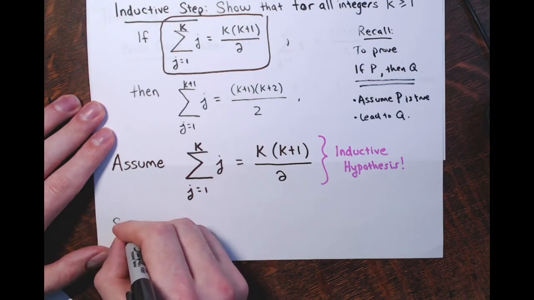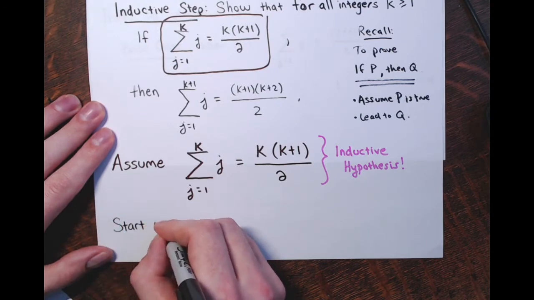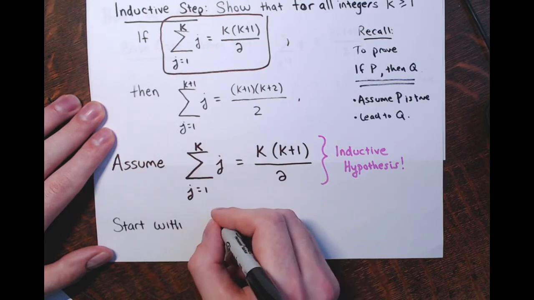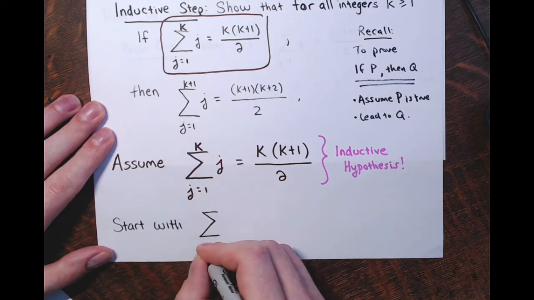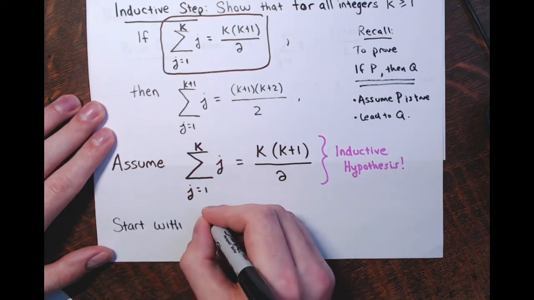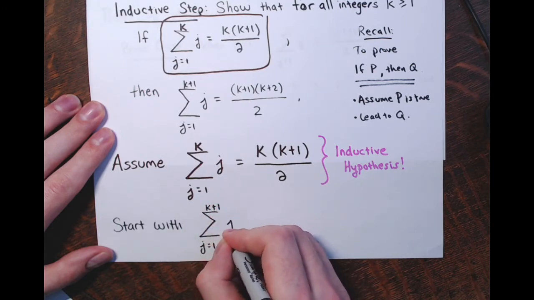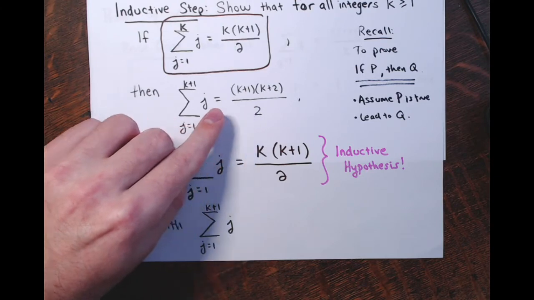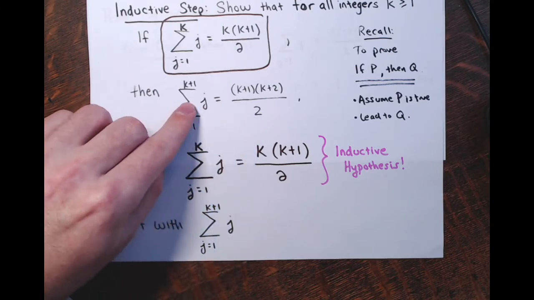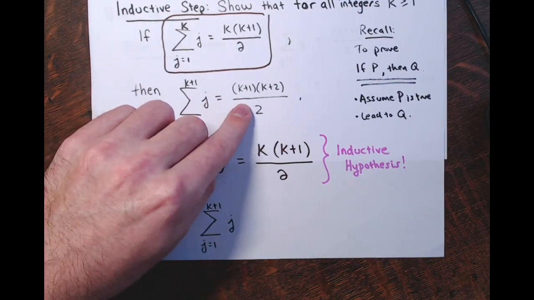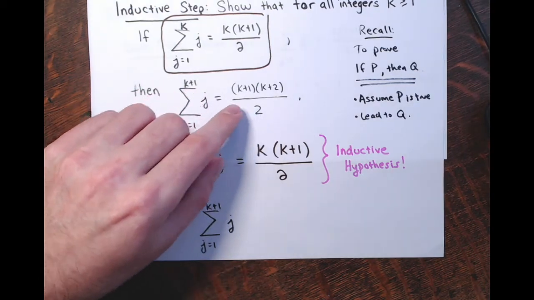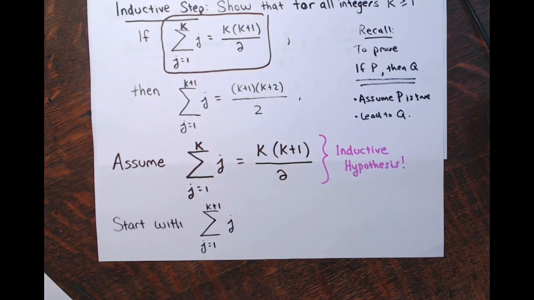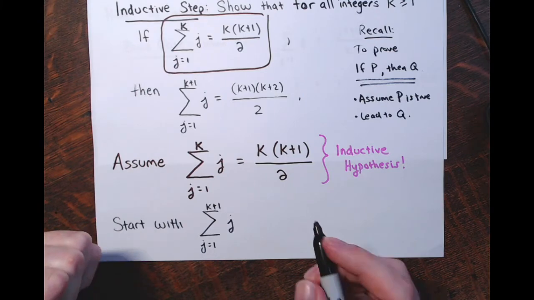So I'm going to start with that left side, the sum from j equals 1 to k plus 1 of the j's. Again, don't say that it's equal to this. I don't know that yet. We're going to show that this sum is equal to k plus 1 times k plus 2 over 2. And that'll show that the statement is true when n equals k plus 1.